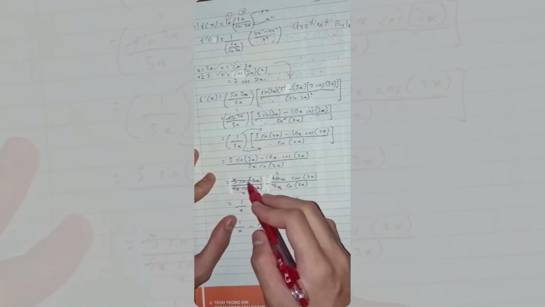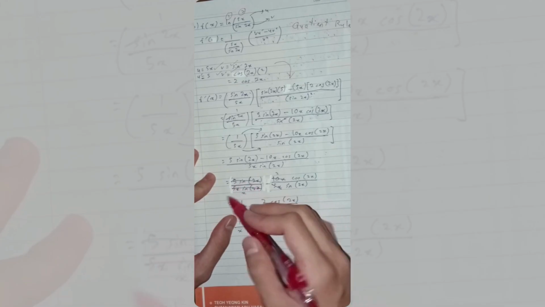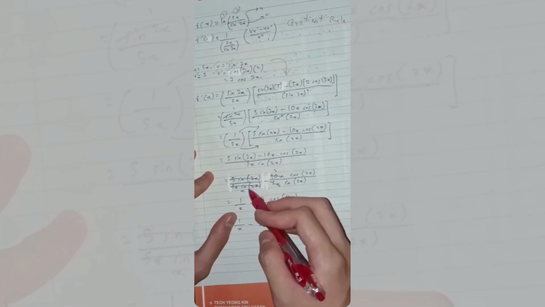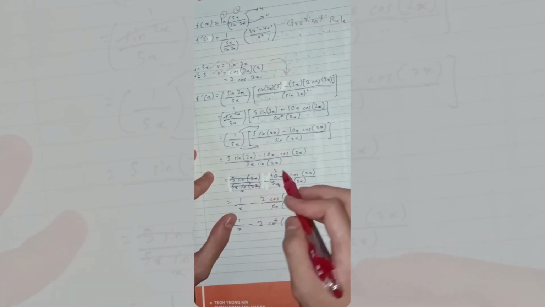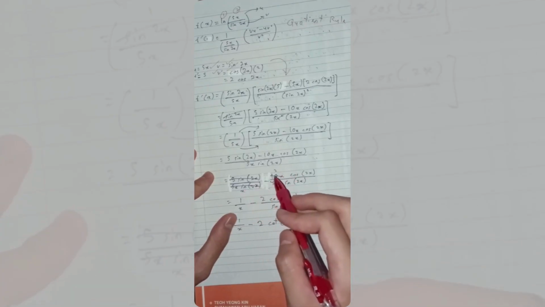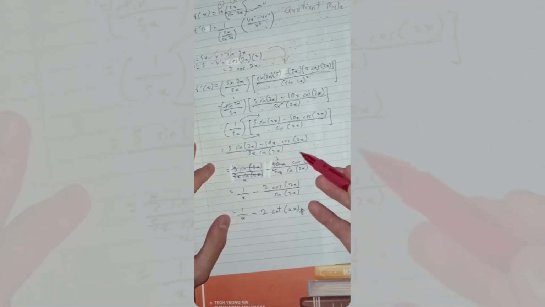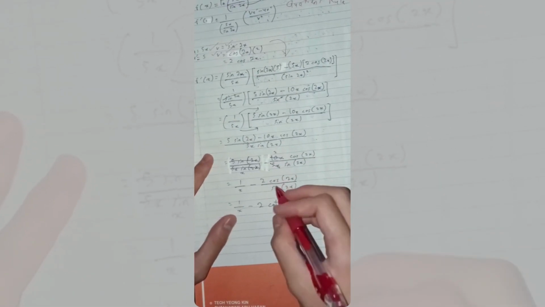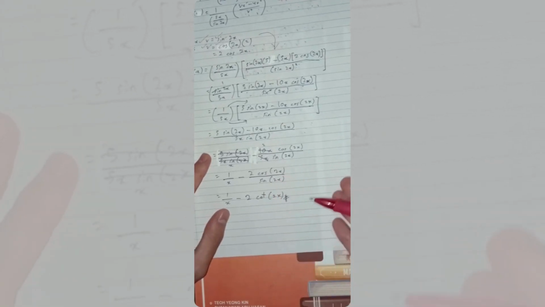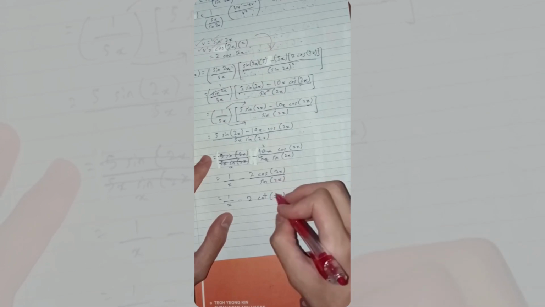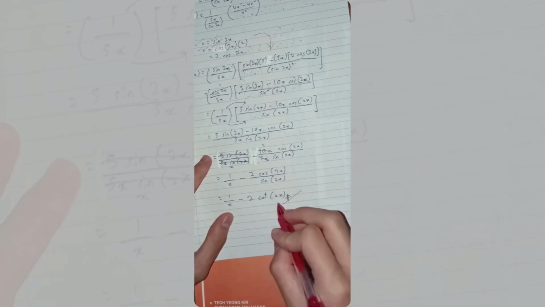And then we can cancel out here and here to simplify it, and what will remain here is x. And over here, we will just divide it like usual by simplifying it, and we will get this. And by using trigonometric identity, we can simplify it to this one.